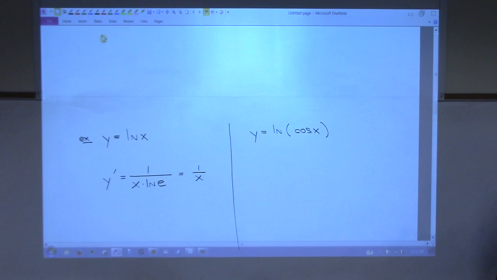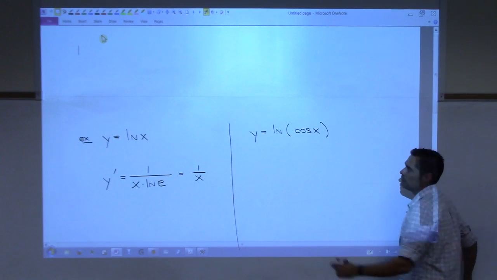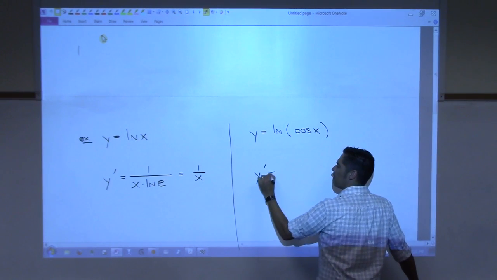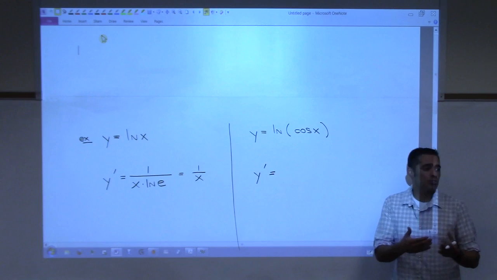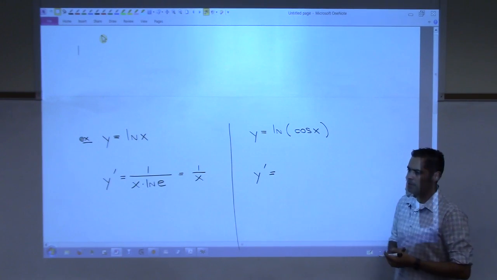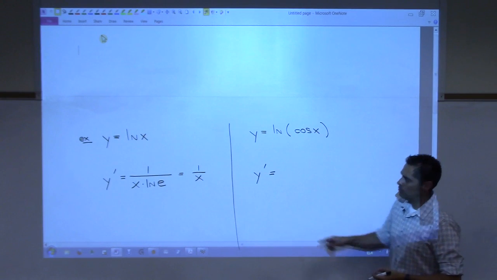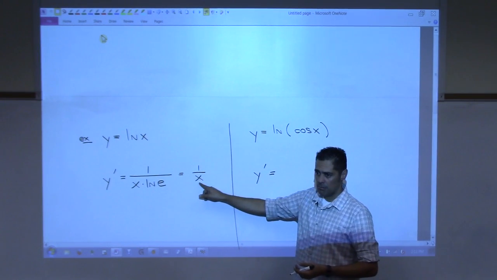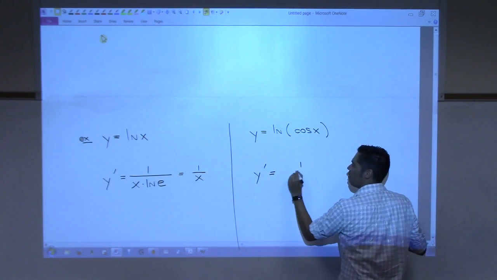This is actually pretty cool, this one. Oh, it's negative 1. What is the derivative of the natural log of something? It's 1 over whatever's in there.